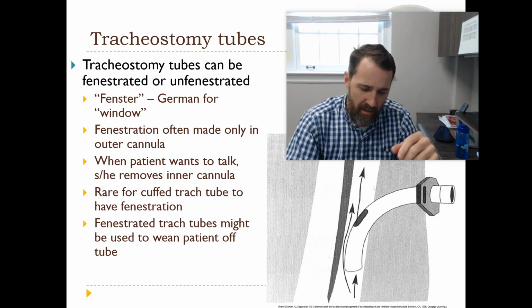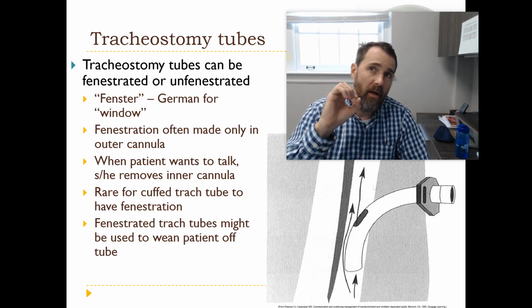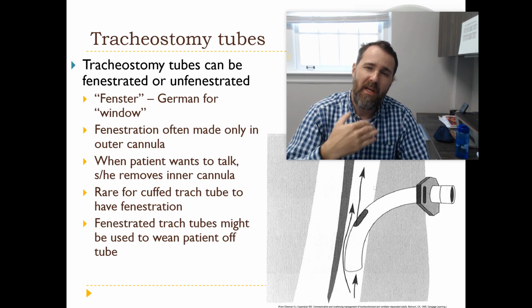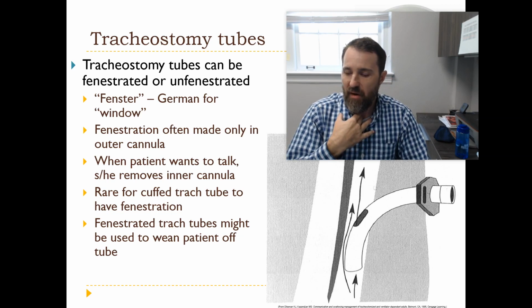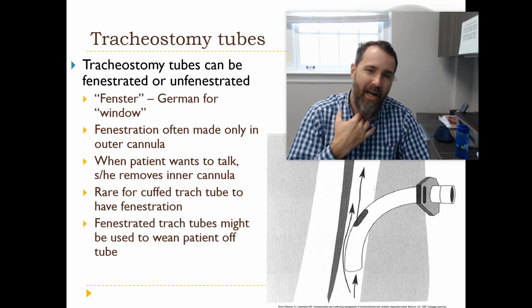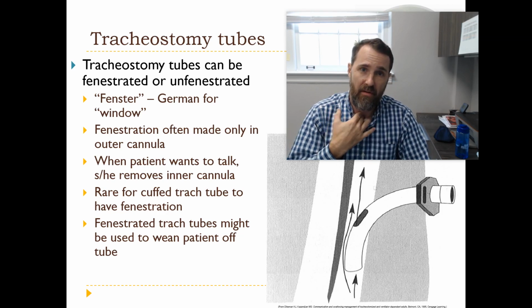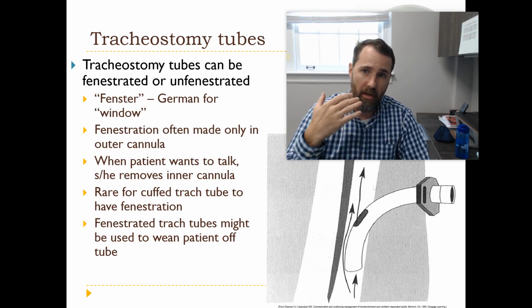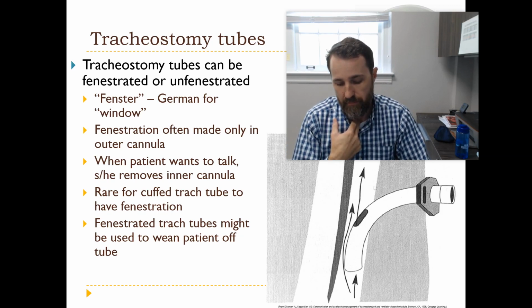And a few slides ago, I mentioned how the doctors may decrease the diameter of the tracheostomy tubes, slowly weaning the patient off of the need for having the tracheostomy tube. So as the diameter gets smaller, there's more emphasis that the patient has to place on breathing through their natural airway versus their artificial airway.